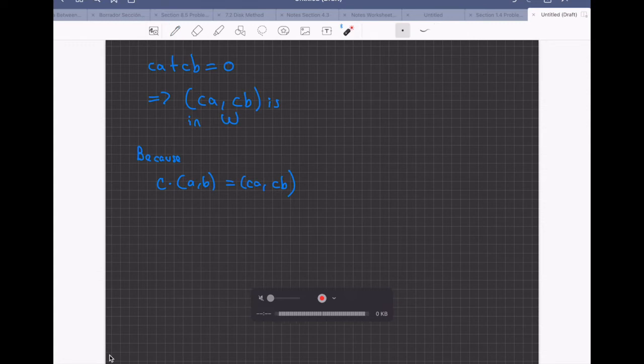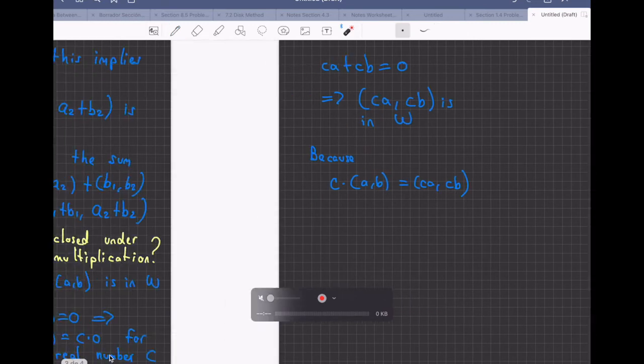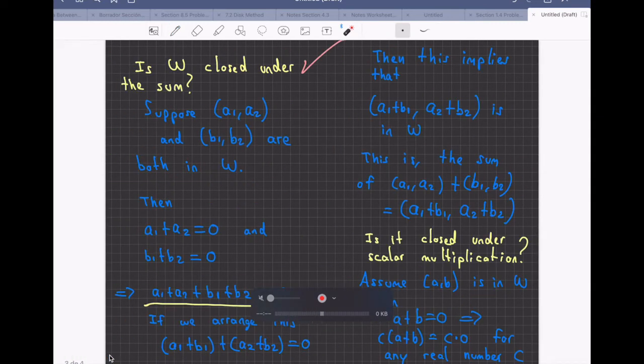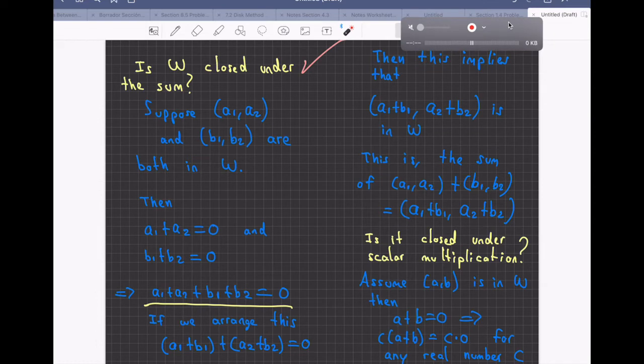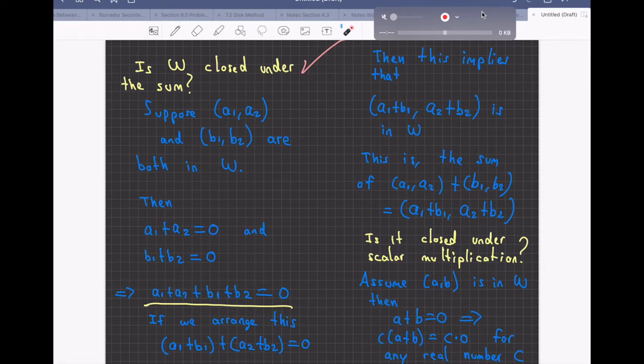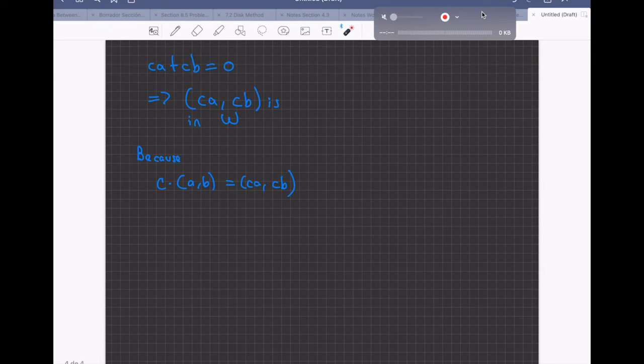That the scalar multiplication is in W. Okay? So yes, it is closed under scalar multiplication.